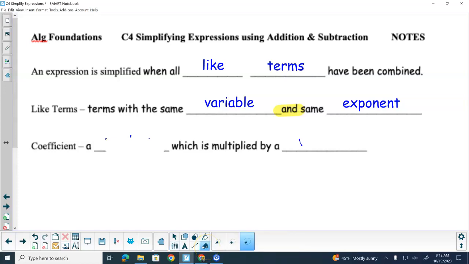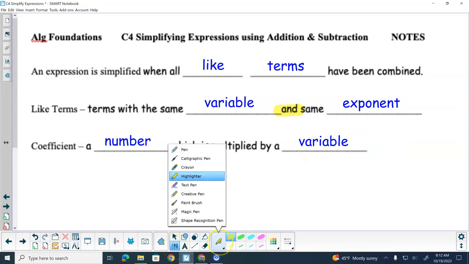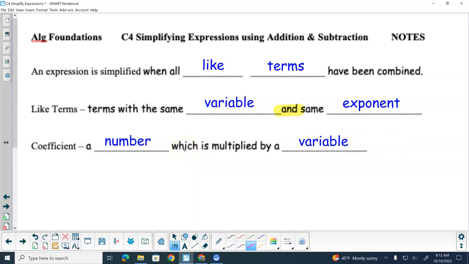Instead of what a coefficient is, which is the number multiplied by a variable, where do I find a coefficient? The number right in front of a variable? Yep.